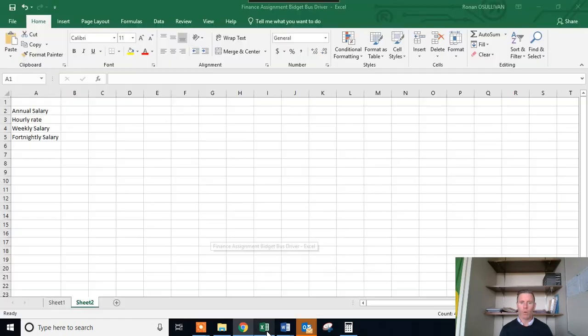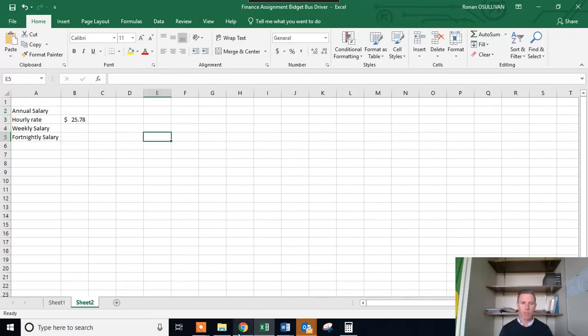I have already opened an Excel sheet, and I'm entering $25.78. This is money, so I'm going to make sure this is all formatted as money. I go up to where it says money, and then it's going to be money.